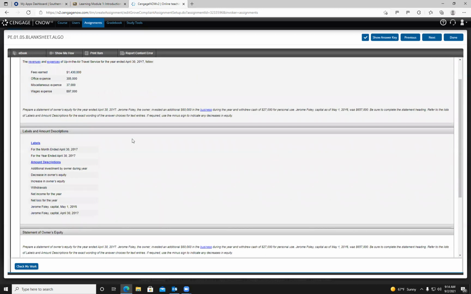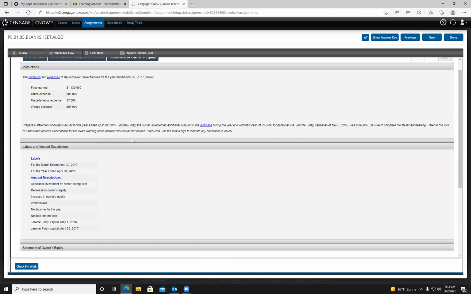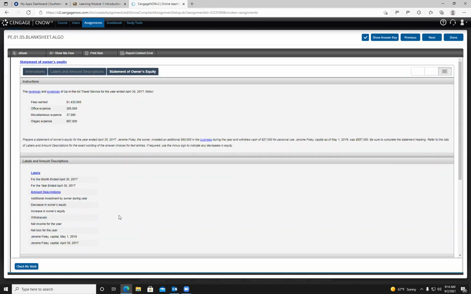All right, so we always start out with what the previous capital balance was. If this is for the year that ended April 30th, 2007, then we want to know what was the capital beginning previous year.